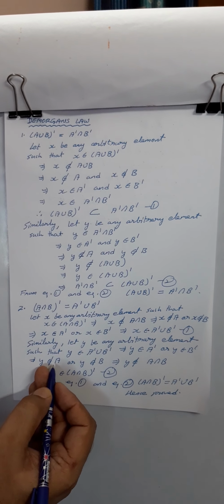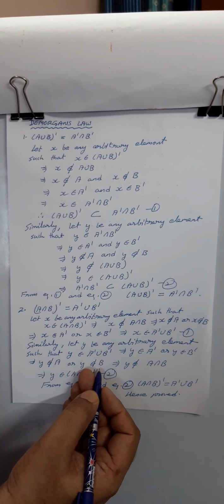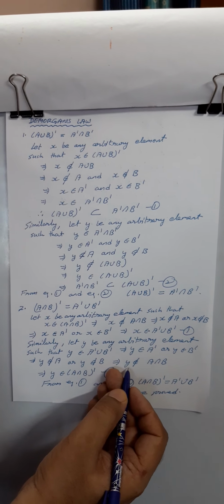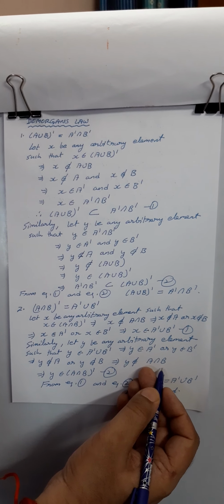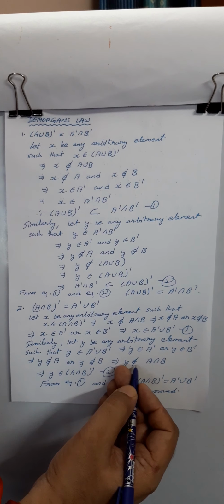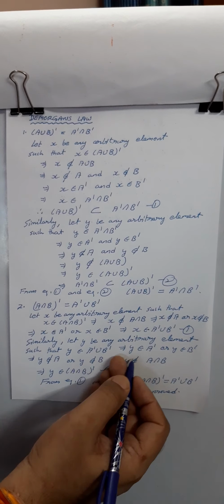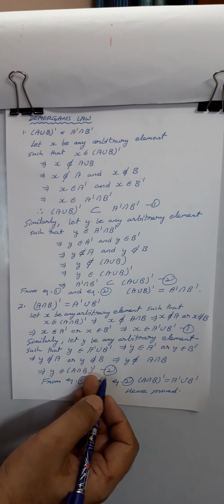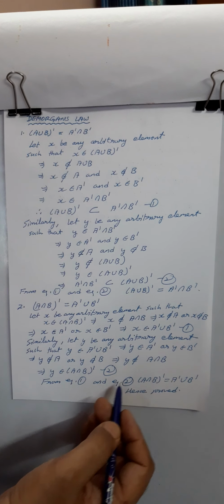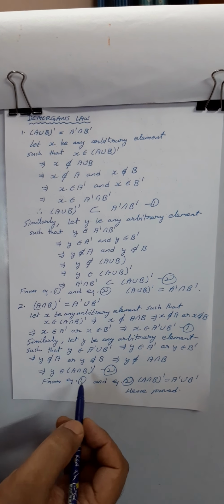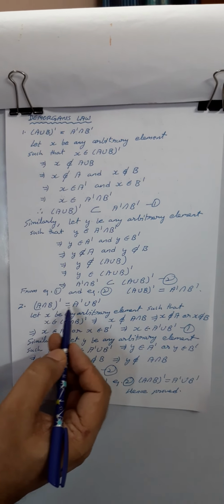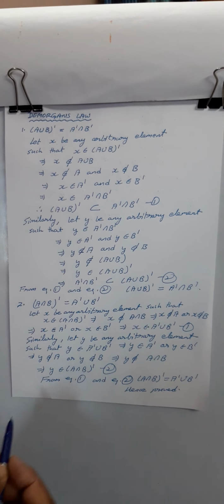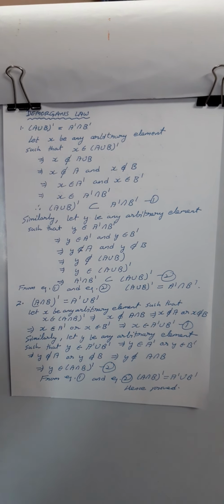It implies y does not belong to A or y does not belong to B, which implies y does not belong to A intersection B. So when it does not belong to A intersection B, definitely y belongs to its complement. So this is your equation number 2. From equations 1 and 2, I have proved that this is a subset of this and this is a subset of this. So it means these two are equal.